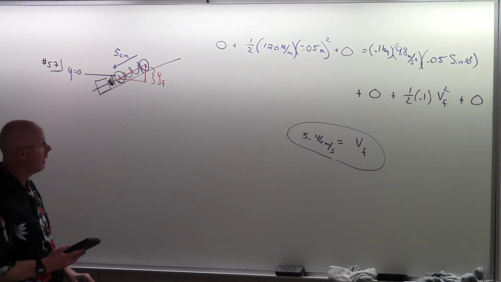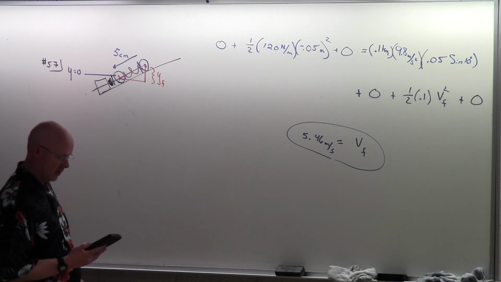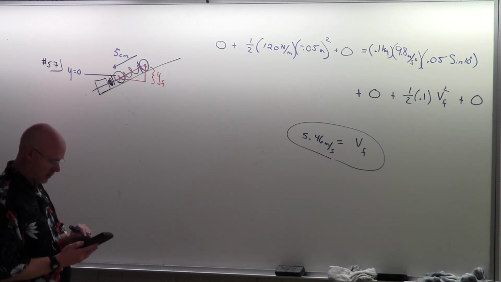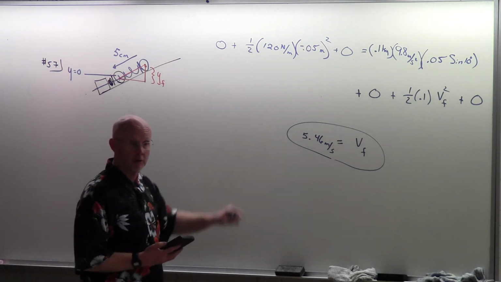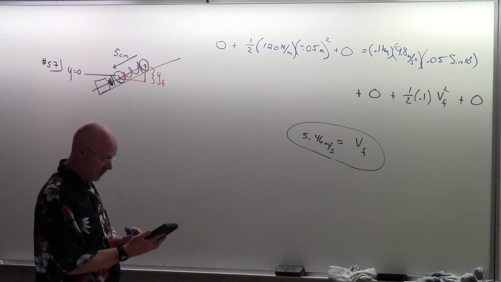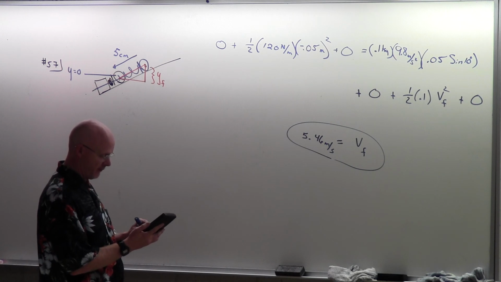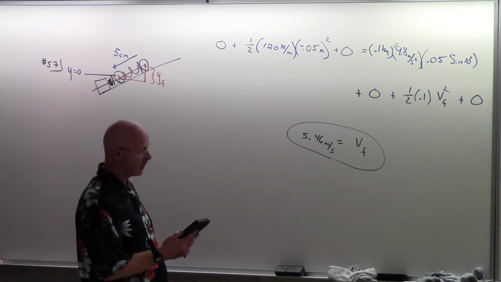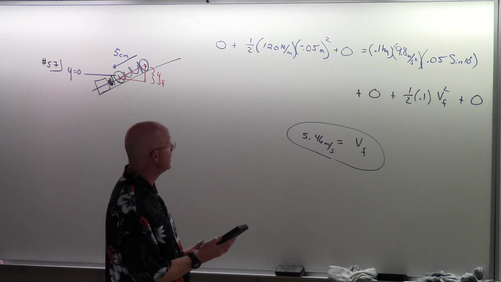And I feel like I hit a wrong number. You said 1.5, isn't it 0.15? I think I just said it wrong. Let me scroll up here. Oh, this model doesn't scroll up. But yeah, that's 0.15. 1/2 times 120 times 0.05 squared, 0.15. I think I did hit something wrong.